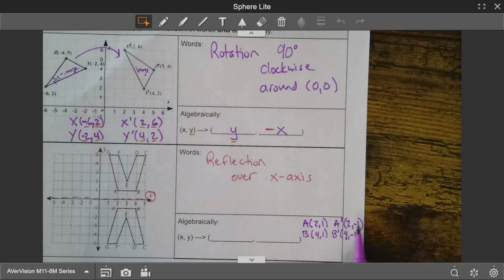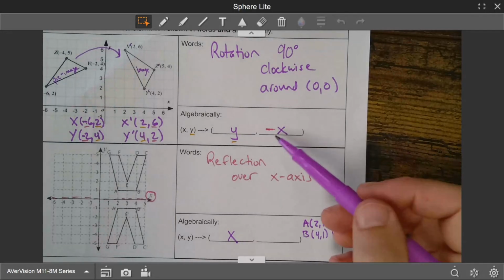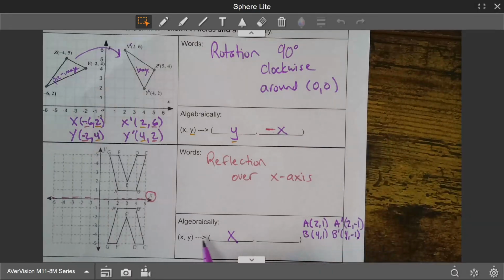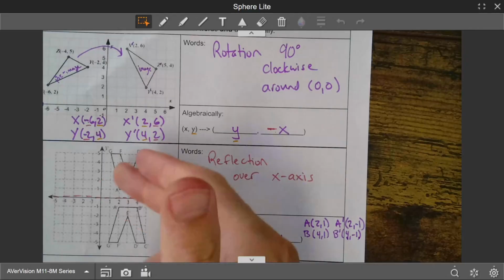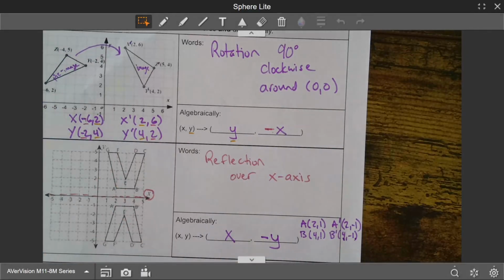The x's stay the same. The first number, the x value, stays the same. What happens to the y value? 1, -1. 1, -1. The sign changes just like it did up here. So instead of y, it's going to become -y. We're going to change the sign of the y coordinate. That is a flip, a reflection over the x-axis.